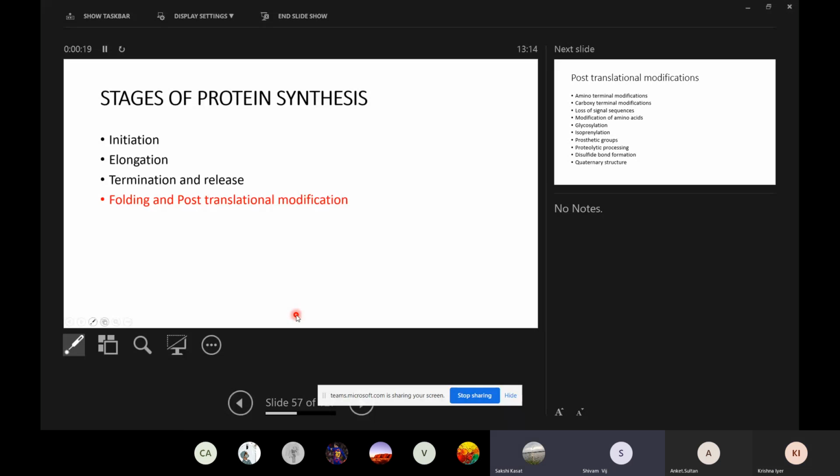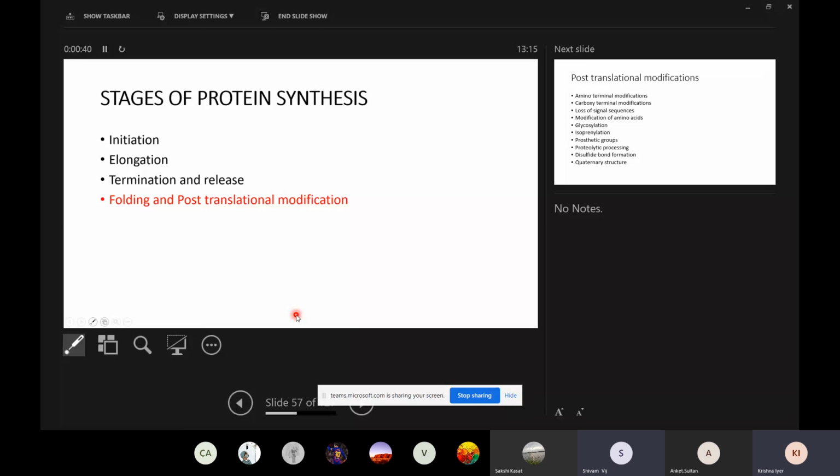So last time we were talking about protein synthesis, and we had just finished the three main steps to get the protein, which is initiation, elongation, and the termination and release of the protein.